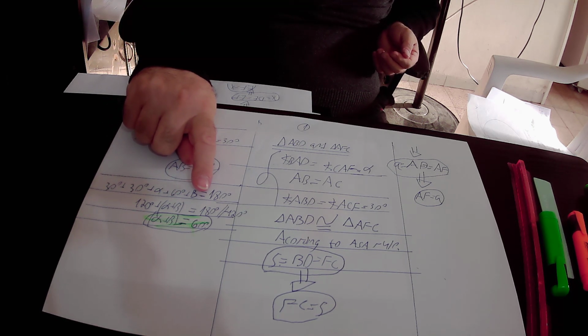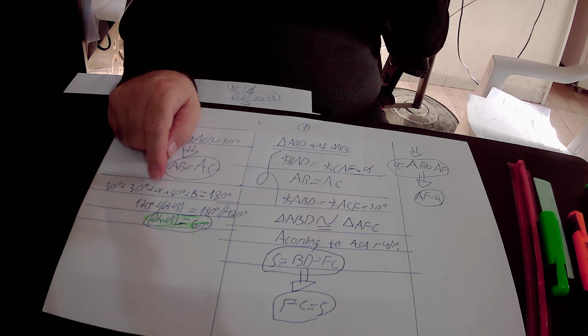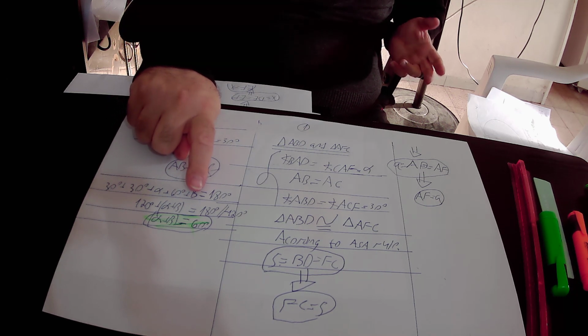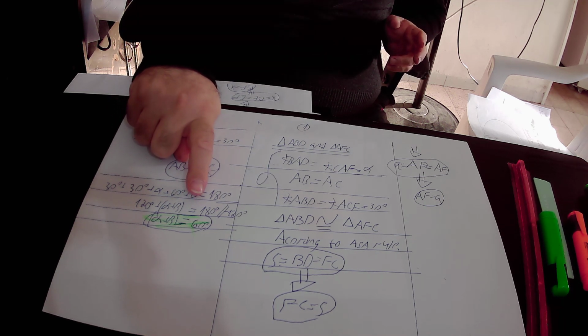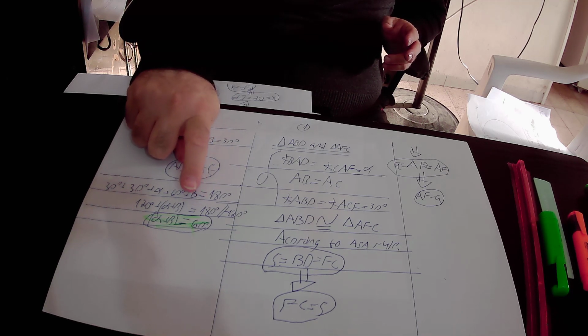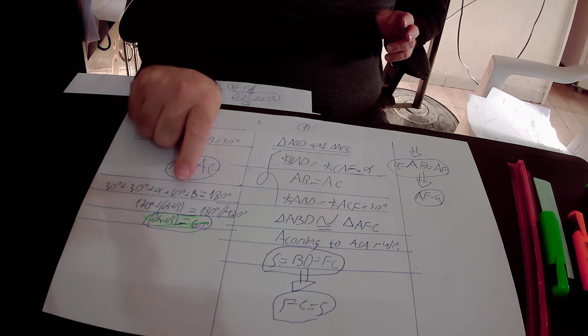We subtracted 120 degrees, and found that alpha plus beta equals 180 degrees minus 120 degrees, which is 60 degrees.